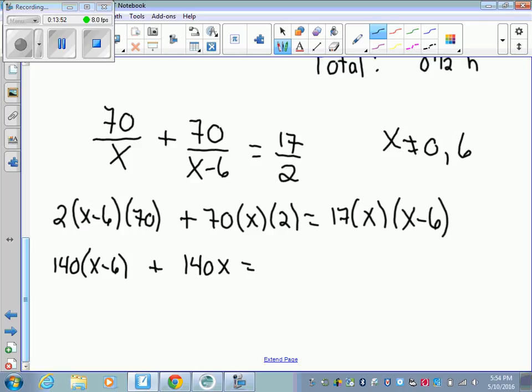Same thing here, 70 times 2 is 140 times the x. And over here, I will do 17x first. I'll just do it in 2 steps so people can see what I'm doing, and then use the distributive property.